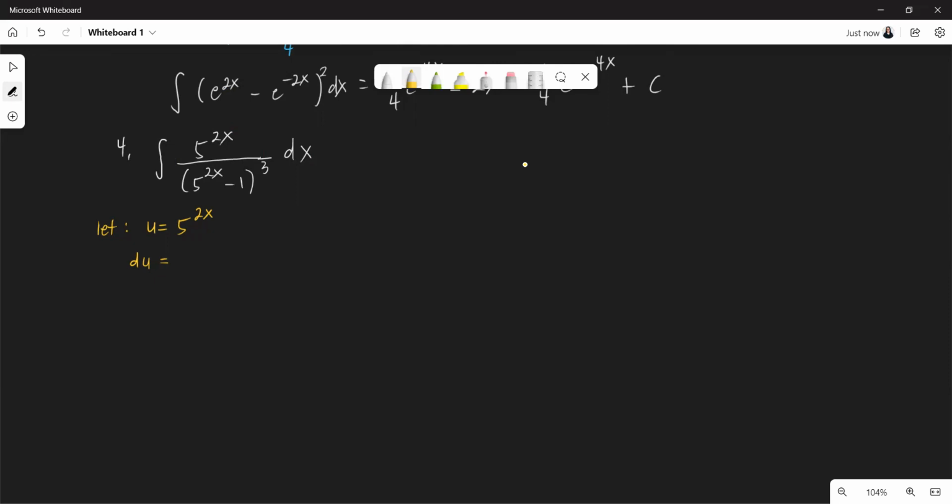Again, we need to transform this into u cube, so we need to have u as 5 raised to the power of 2x minus 1.